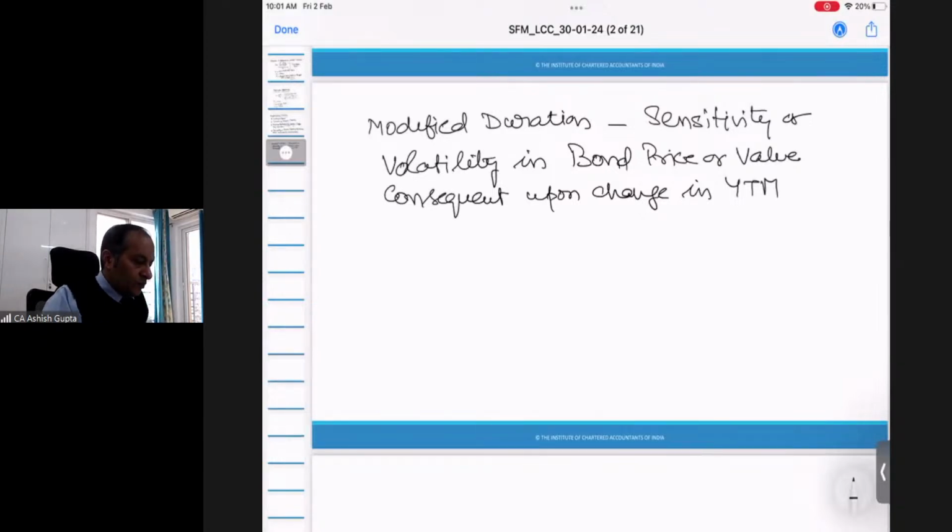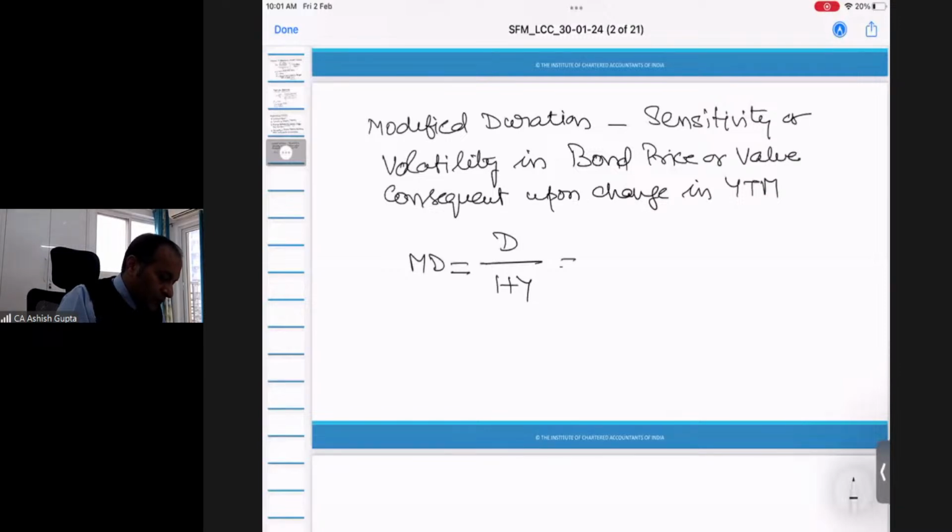It is computed as follows: modified duration is equal to duration divided by one plus YTM, where D means duration and Y means YTM.